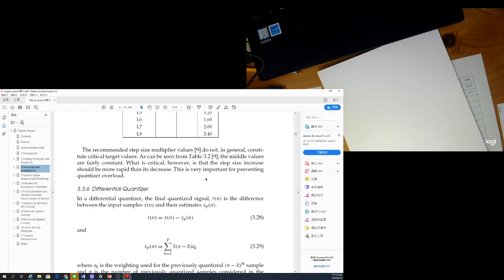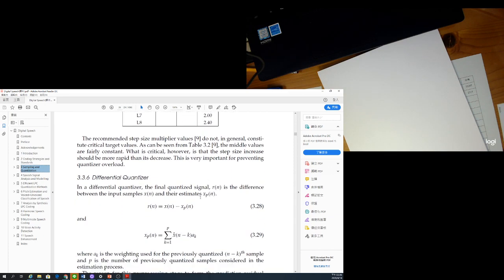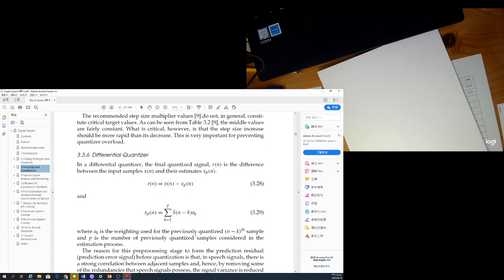Okay, so the differential quantizer is based on previous prediction of the signal. The prediction can be based on your decoded signal multiplied by coefficients.